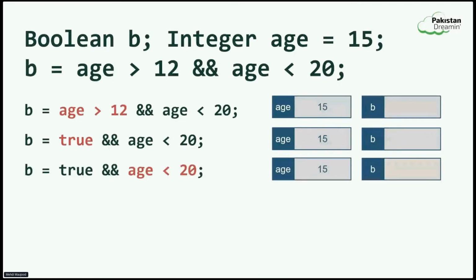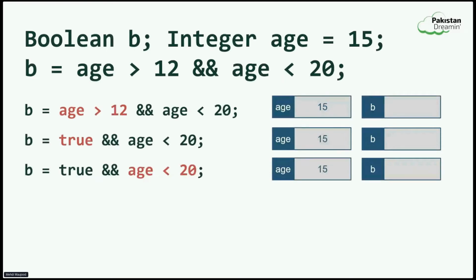Next, the computer evaluates the second piece, that is age is less than 20. So is age less than 20? Yes, it is. The value of the variable is 15. That's how, when you hand trace code, you realize what exactly is going on.